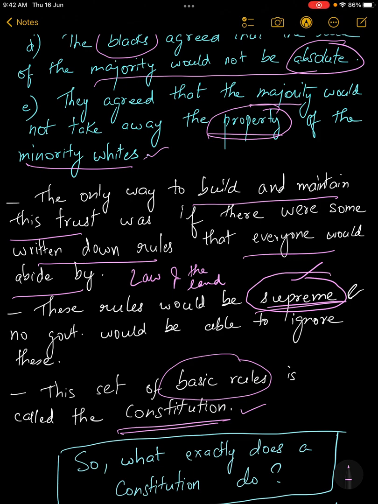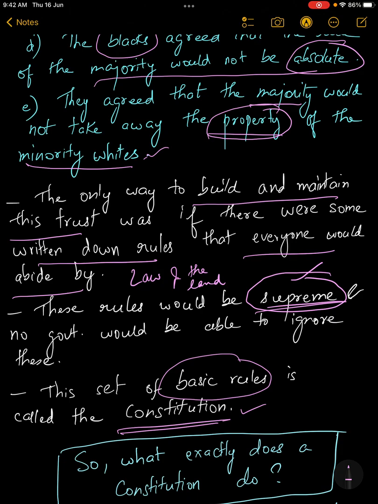And that is precisely why all of them decided to sit down and codify, write down all of these promises, all of these rules, all of these regulations that nobody will be able to refuse in society, irrespective of whether it is Nelson Mandela or some worker on the road. And this basic supreme set of rules and regulations is called the Constitution.